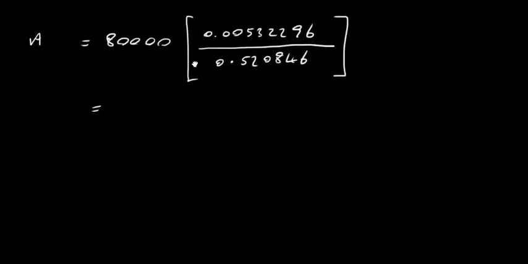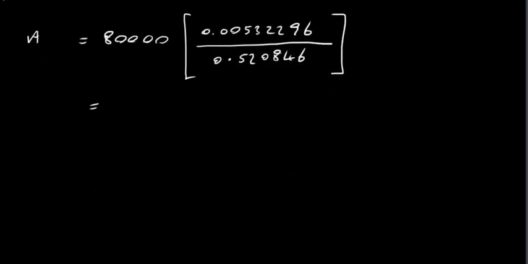So what you can do here then is just divide the top by the bottom, multiply by 80,000, and you get A is equal to 817.59, which is approximately equal to 818 euros.